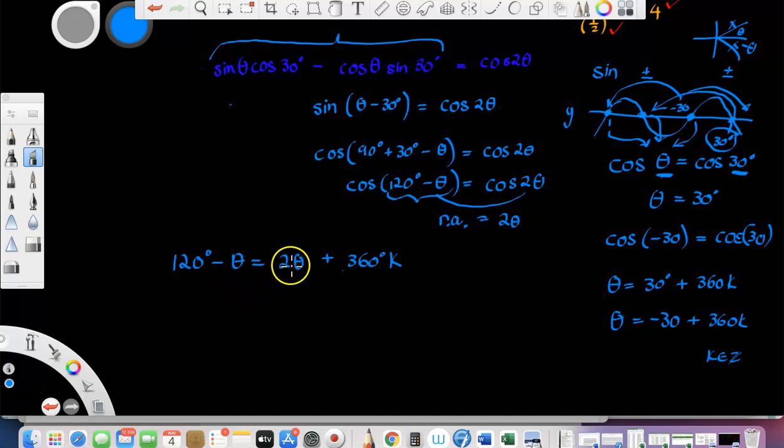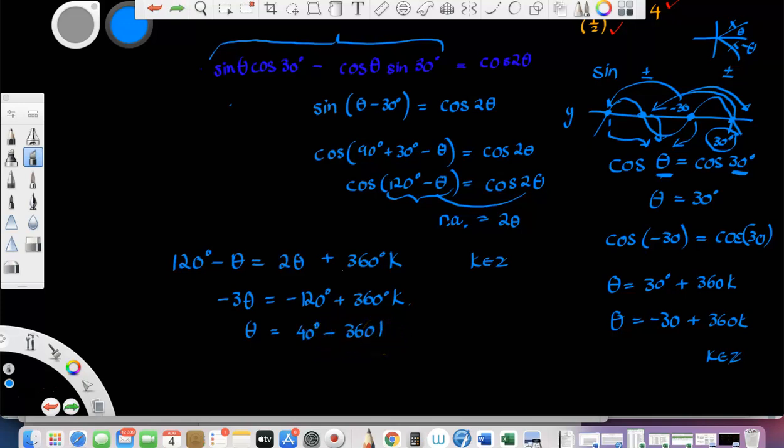That means that this one is going to be subtracted on both sides. So negative 3 theta is equal to negative 120 degrees plus 360 degrees times k. So now I just divide. Oh, whoa.